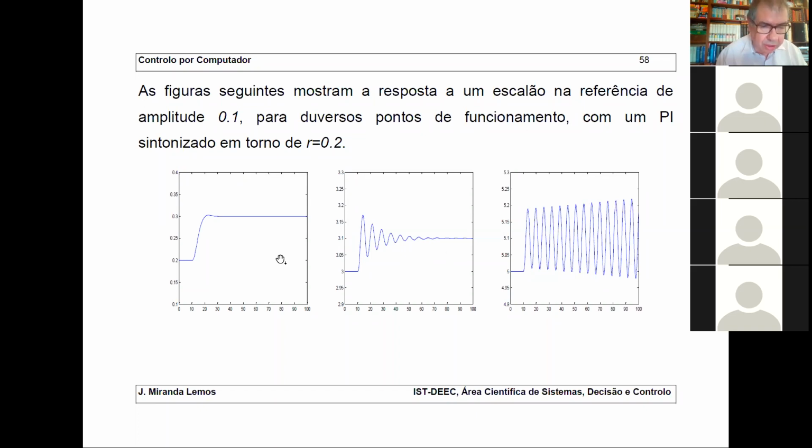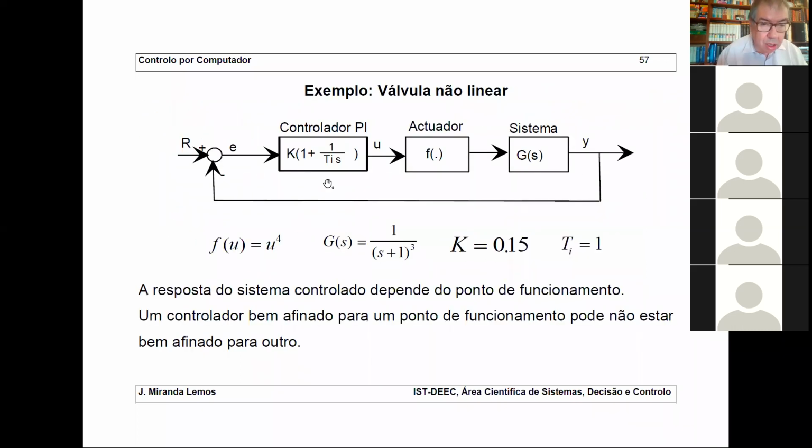What is the reason for this? The reason is that the actuator output is U to the fourth power. Now, the derivative of this is 4U to the cube. So when Y is bigger, U must also be bigger.